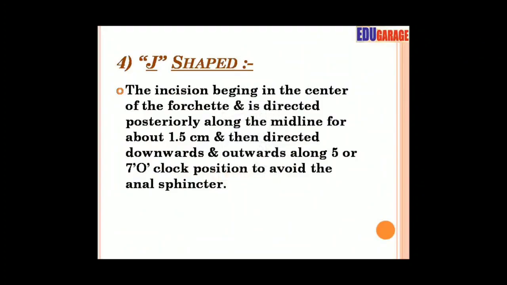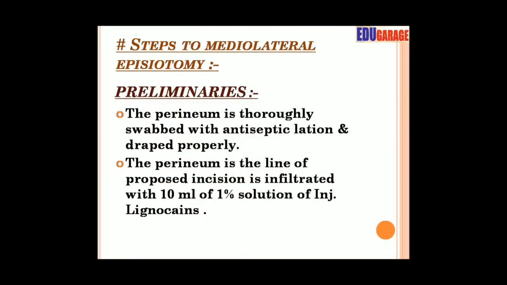J-shaped is when the incision reaches the 7 o'clock position; it also begins in the center of the fourchette but extends laterally. The commonest one is mediolateral episiotomy because it has no complications, so that is best.